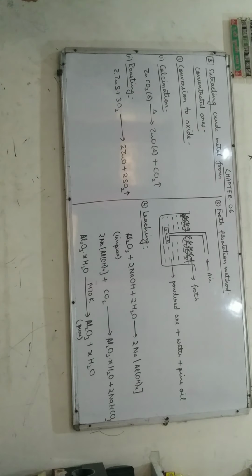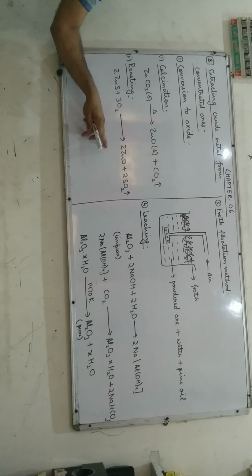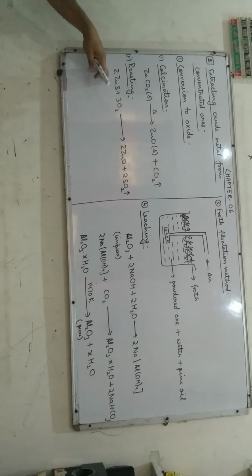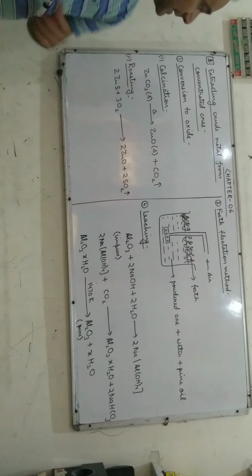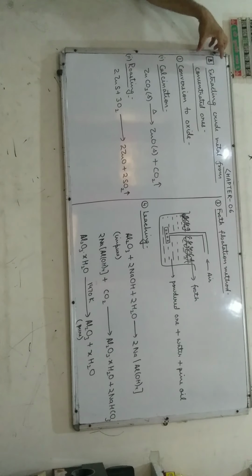It should be noted that sulfide ore is first converted into oxide because the reduction of sulfide ore is not economical and not thermodynamically feasible.